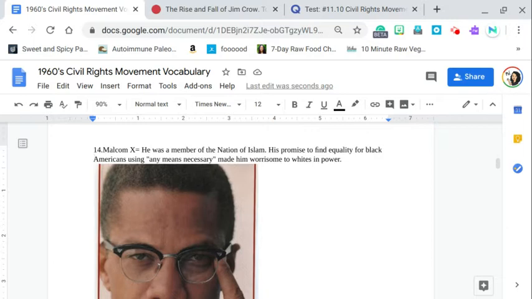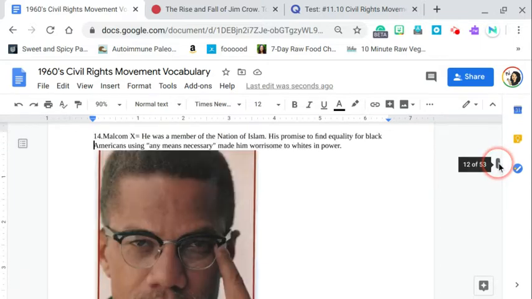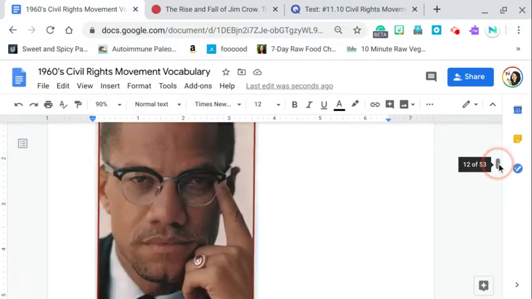Where Malcolm X basically said, look, as Black Americans, as people of color, we're not going to be ever accepted. So he believed that if we need to use the Second Amendment, the right to bear arms, we will use that to defend our people, because he said the cops are corrupt, the government is corrupt, they're trying to kill us.